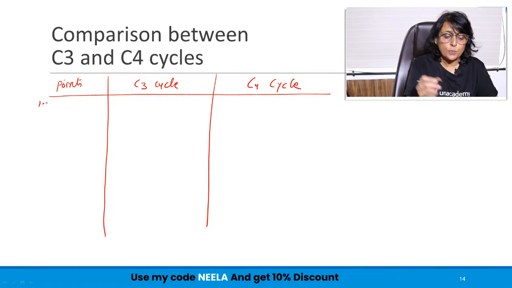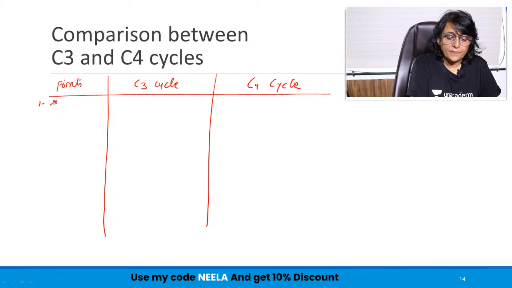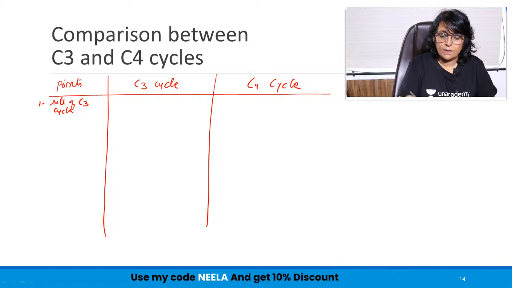So the first point is the site of C3 cycle in C3 plants and in C4 plants.